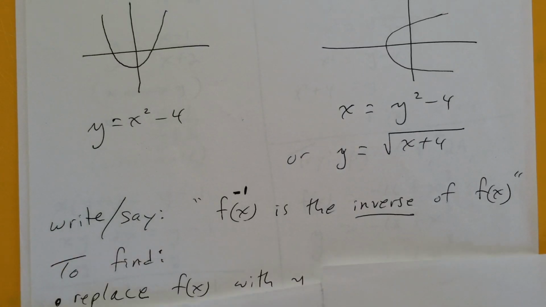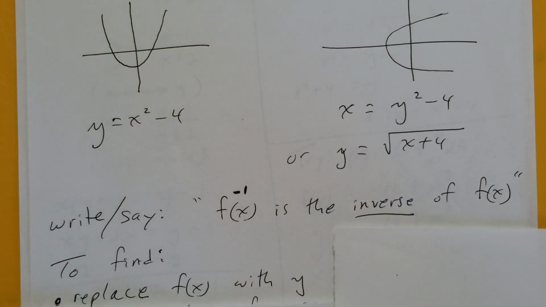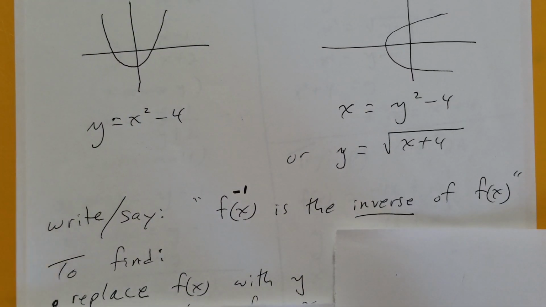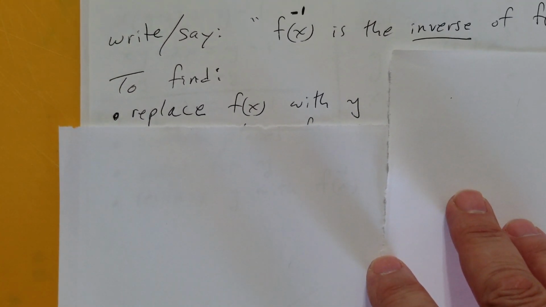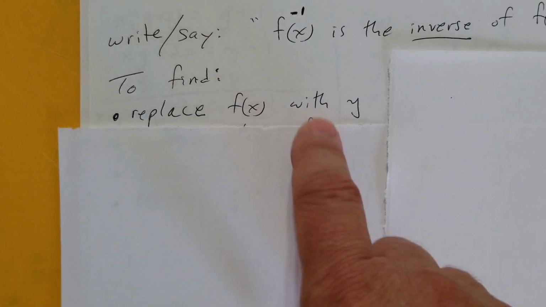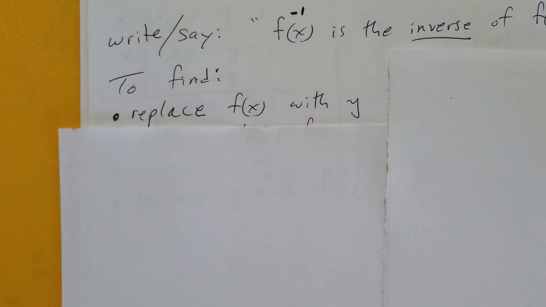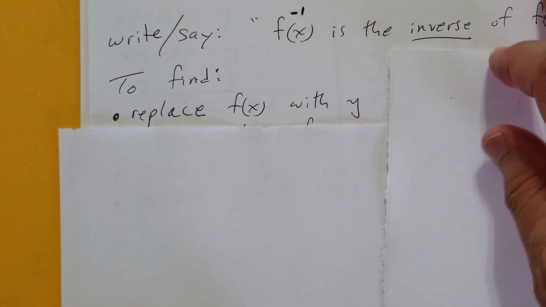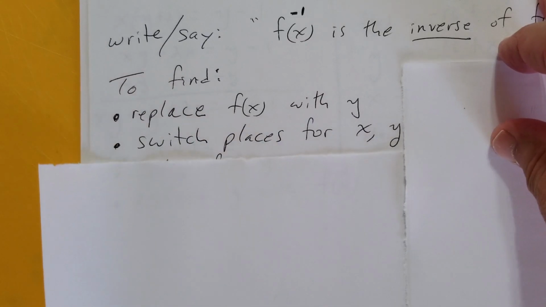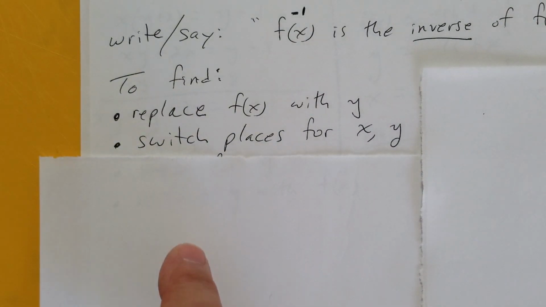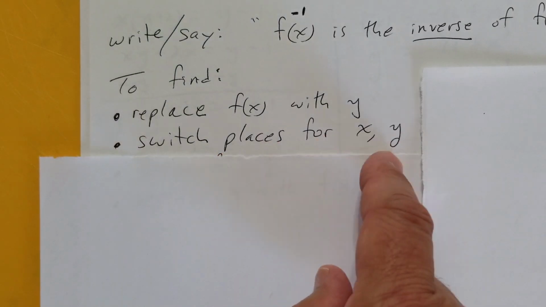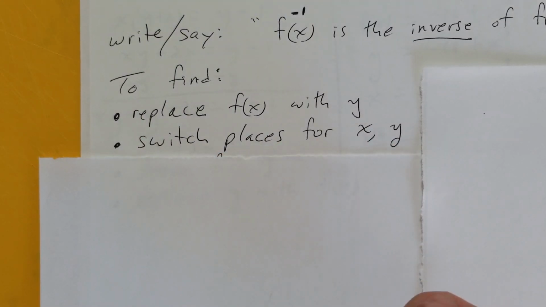Okay? How do you find it? Well, we kind of already talked about it. You replace f of x with y, and then you have y equals some expression with x in it. Then you switch places for x and y.